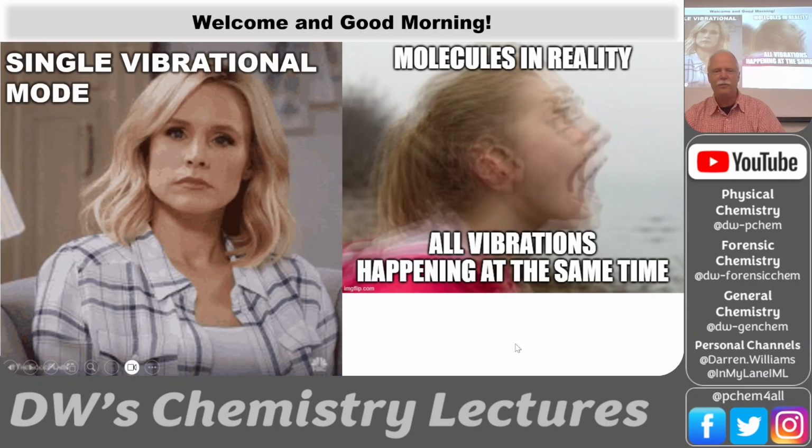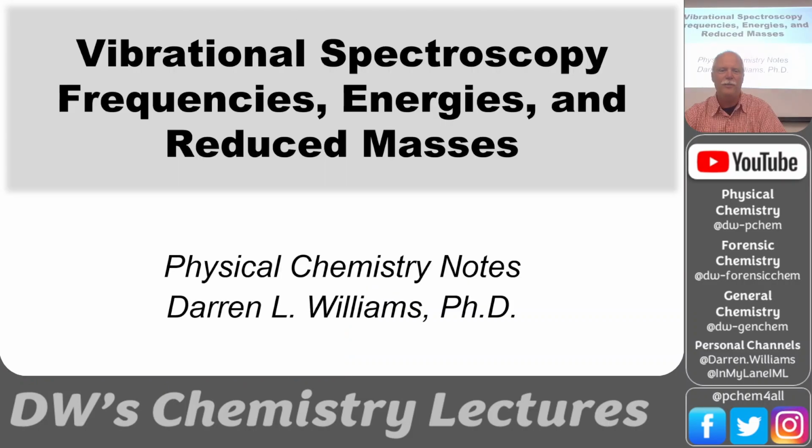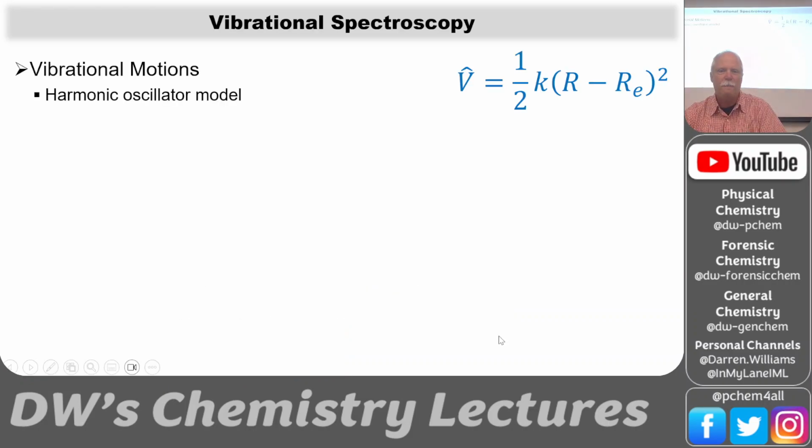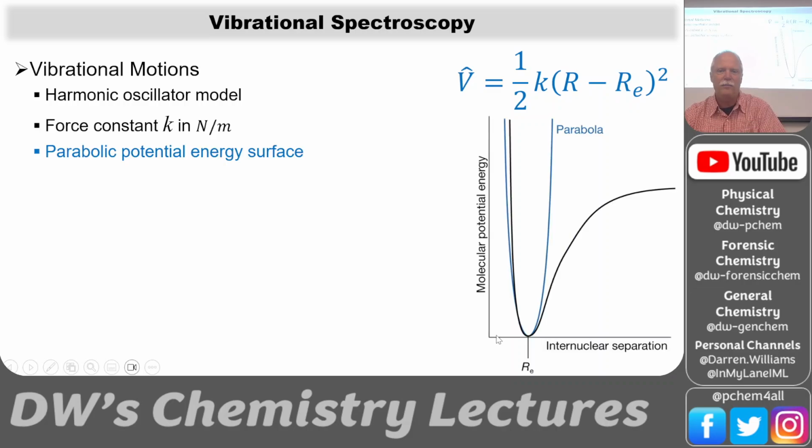So that's a single vibrational mode. Molecules in reality are going in all their vibrational modes. So here's the harmonic oscillator model, like Hooke's law, and it's a parabola, okay? And this is a molecular potential energy, just for a diatomic again.